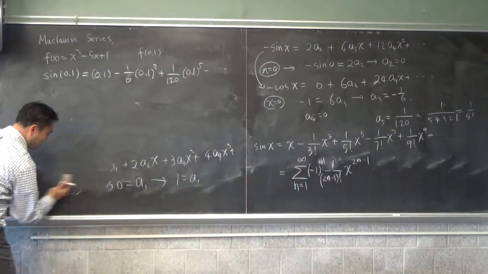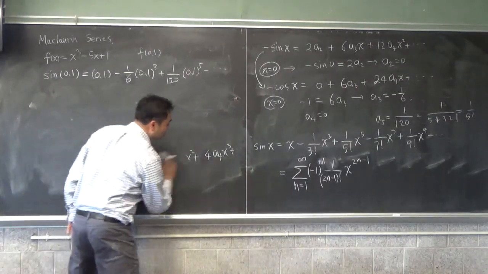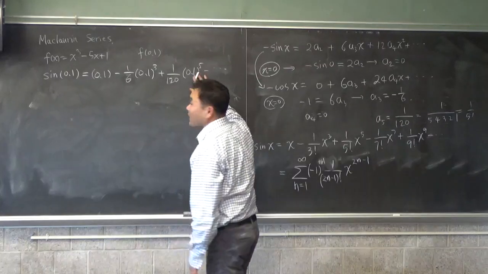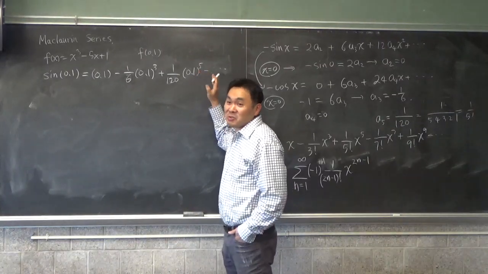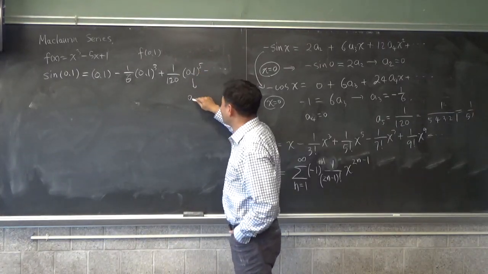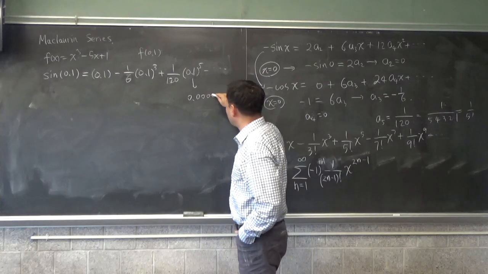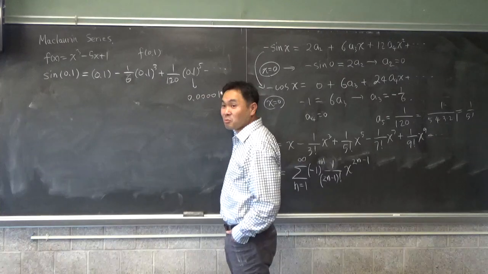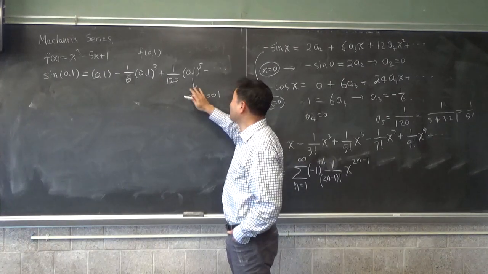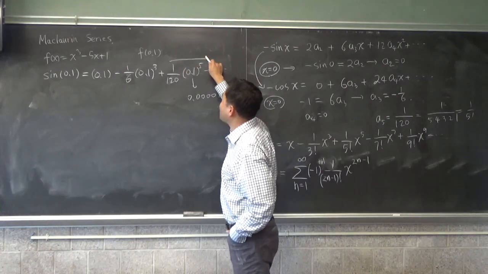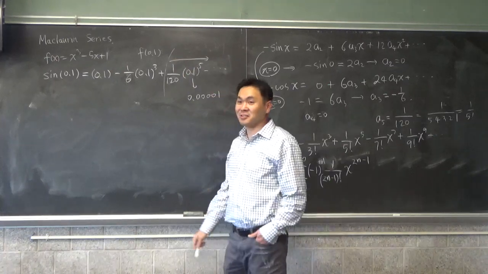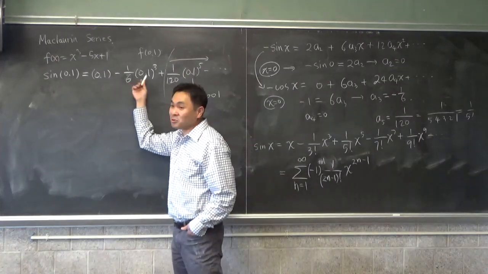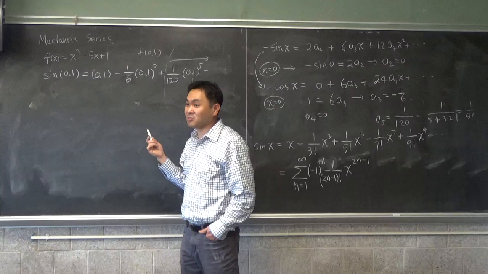And now look, 0.1 to the 5th power is a very small number. This is actually 0.00001, and then you're dividing that by 120, so it's even smaller. So the terms that appear from this point on, we can just neglect. And we can say that these two terms are good enough approximations.